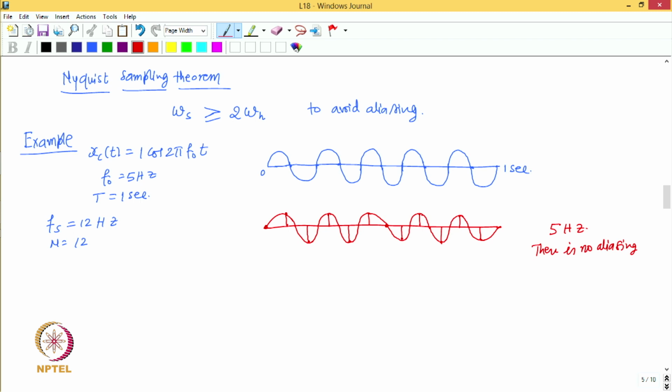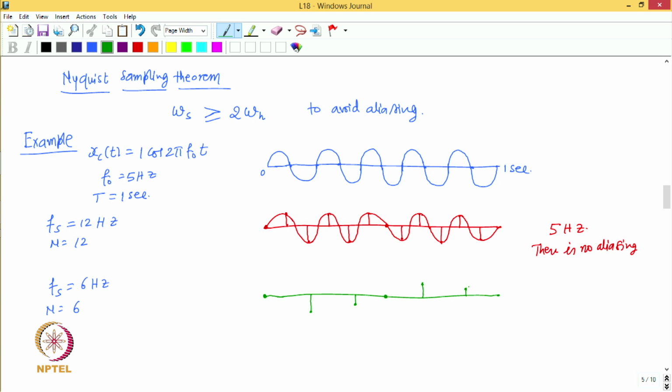Let us now take a sampling frequency of, say, 6 hertz. In this case there will be 6 samples, and let us sketch the discrete signal. So, in this case these are 2 samples, and then we have one sample here and another sample here, and we have one sample here and another sample here.